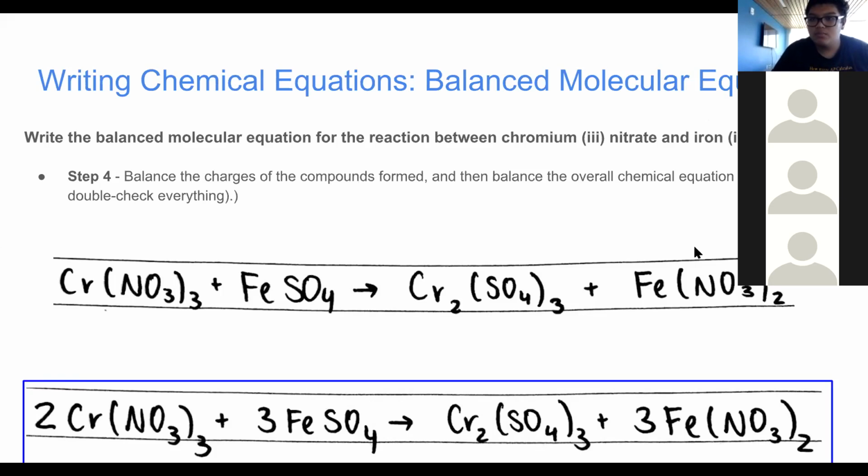And then finally, we're going to balance the overall chemical equation. So we do this by adding coefficients in front of the compounds. So here, if we have 2 chromiums on this side, the product side, we need to balance the 2 chromiums on the reactant side, which is why we put a 2 in front.